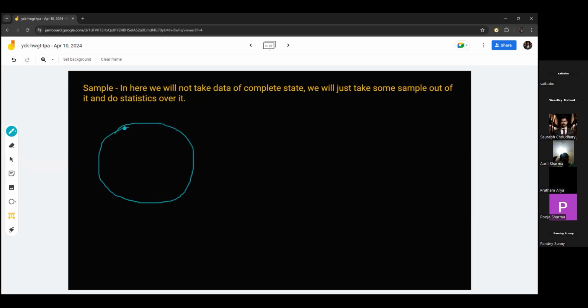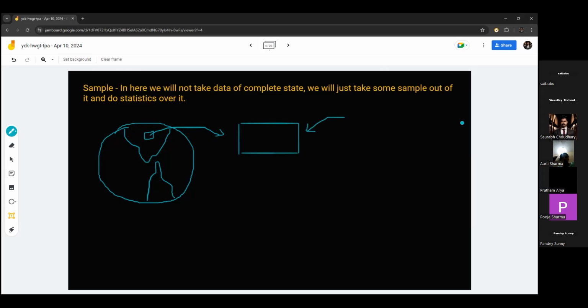This is your world, and sampling means we will just take a few data points and assume that this is the data of the complete universe. All of the operations we will perform over this only.